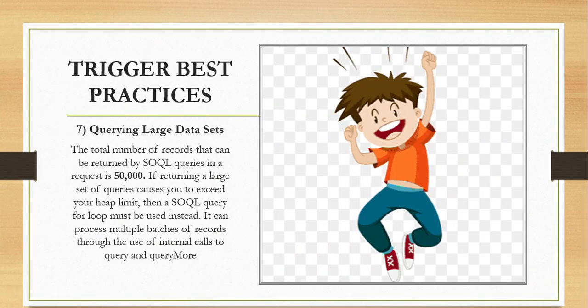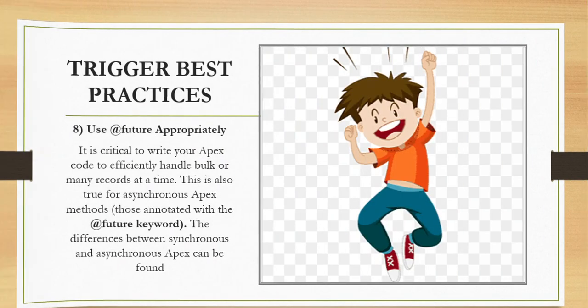Querying large data sets: the total number of records that can be returned by SOQL queries in a request is 50,000. If returning a large set of queries, you may exceed your heap limit. Then a SOQL query for loop must be used instead. It can process multiple batches of records through the use of internal calls to query and queryMore.